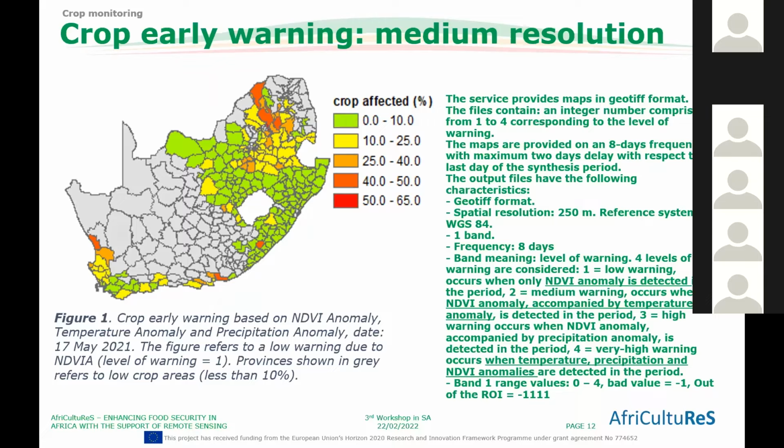But if only one of them is anomalous, the level of warning will be 3 or 2 or 1, according to how many of these elements are exceeding the values of the 10 previous years.